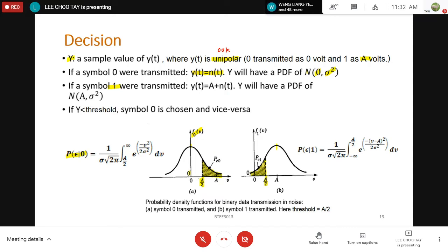So this is where the error will happen. The probability of error with the 1 being sent is again given by the area under this shaded curve here. To find this area, we again perform integration of the PDF. Now our limit is from negative infinity to A over 2 instead.